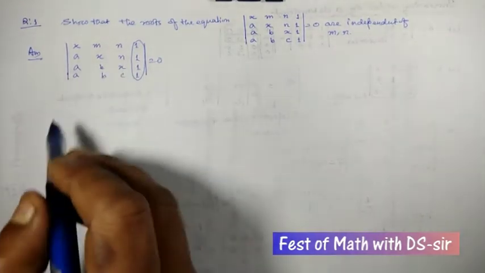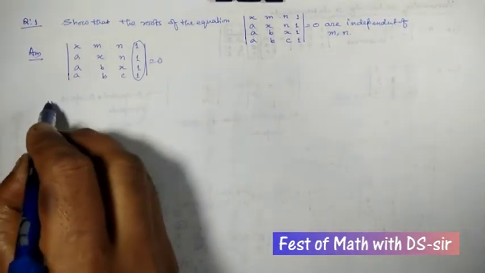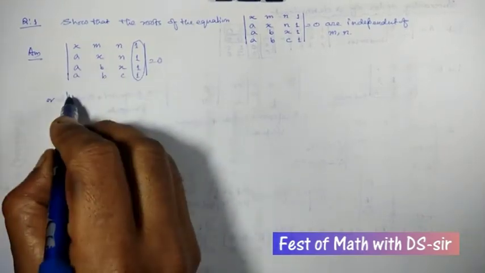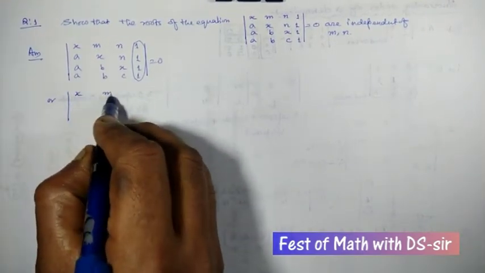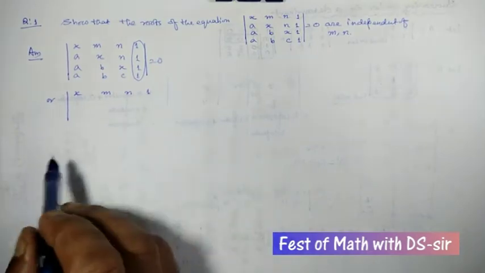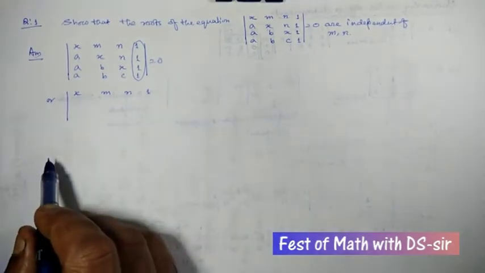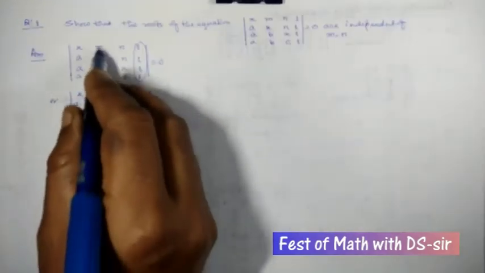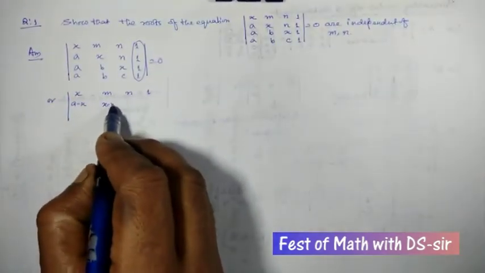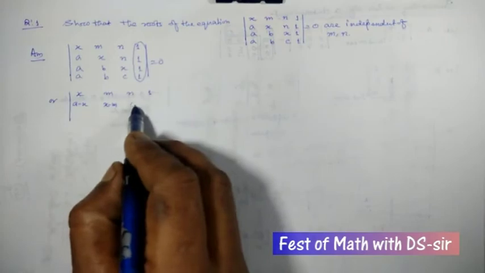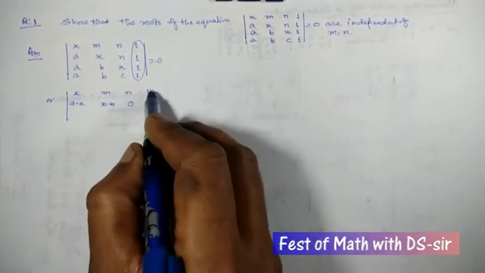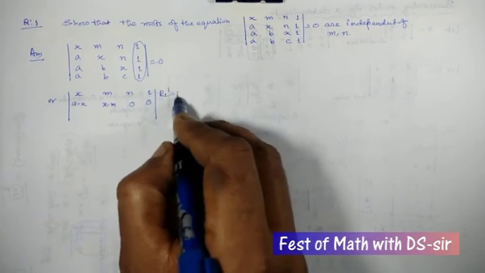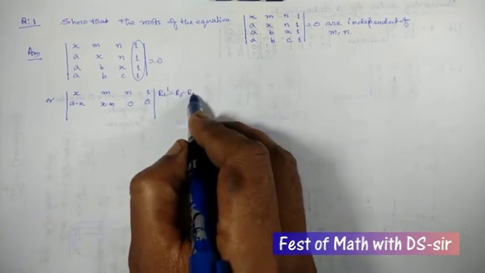So I'll apply the process. Keeping the first row intact, x m n 1, I subtracted the first row from the second, so it becomes minus x, minus m, n minus n, 0. So R2 dash is R2 minus R1.